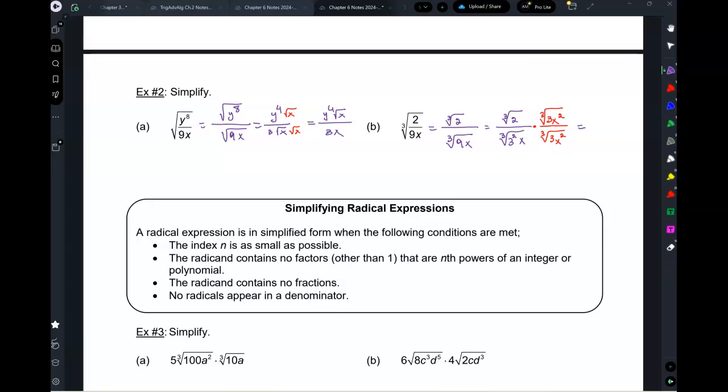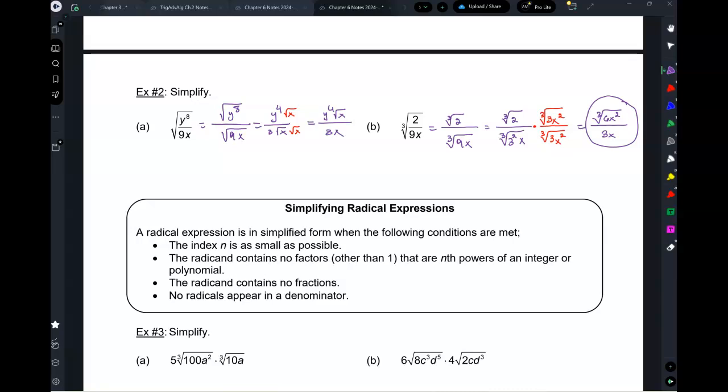So now I have in the numerator cube root of 6x squared over, is it just 3? 3x. Right?